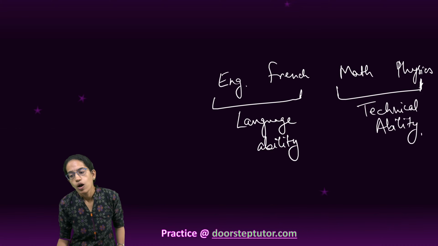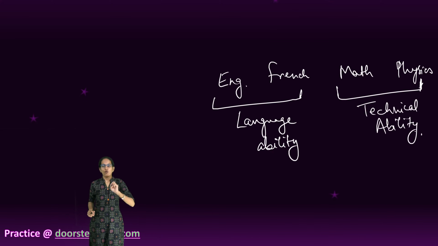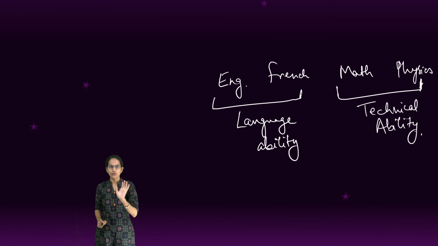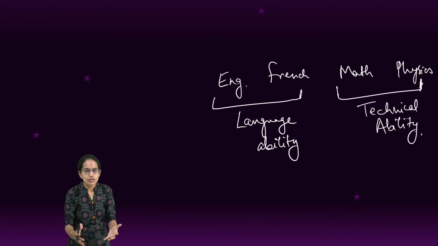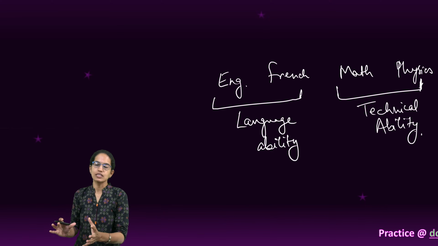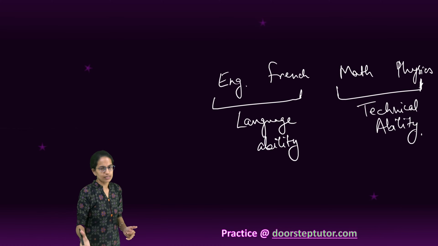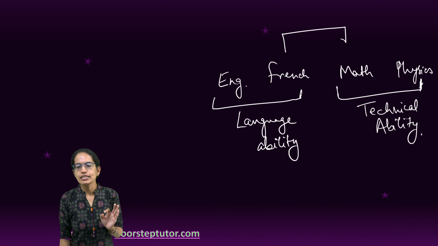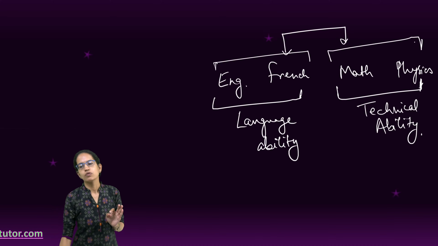Now, what do we mean by hidden trait? I cannot actually visualize what is technical ability. I cannot see a person and say, yes, good at technical ability. No. But if the person is doing good at maths, good at physics, good at science subjects, we can say, yes, the person has a sound knowledge about technical abilities. So what we do under factor analysis is, we can understand these two groups in general and differences between these two groups.